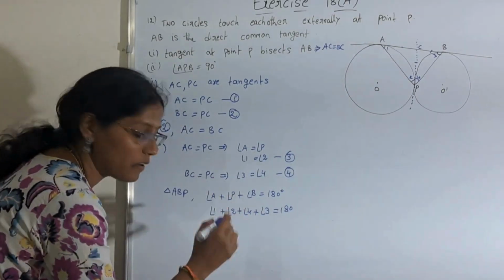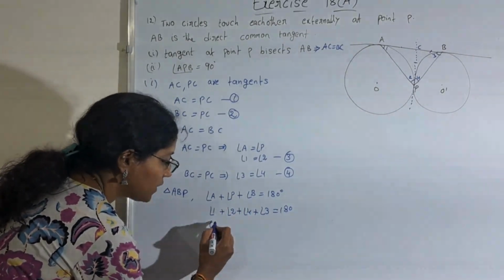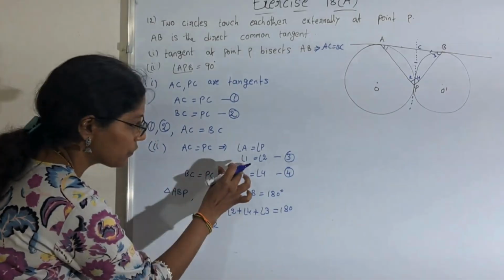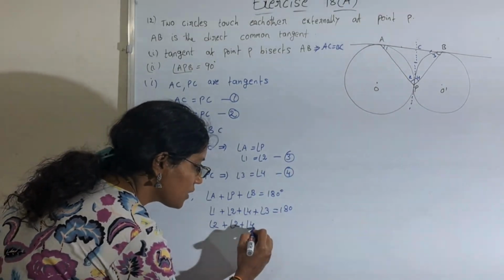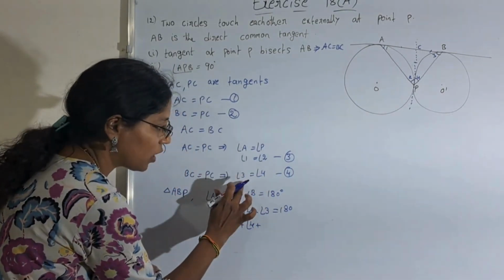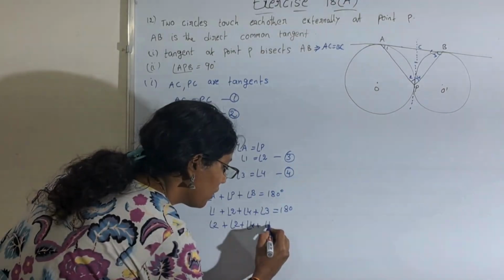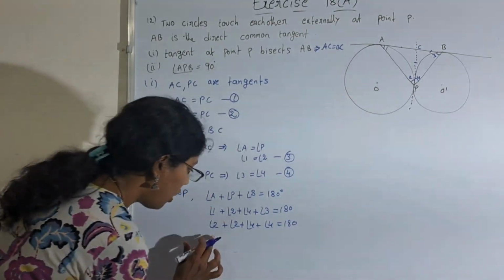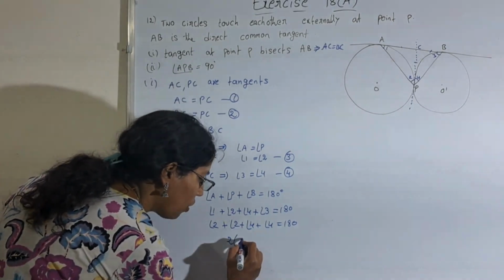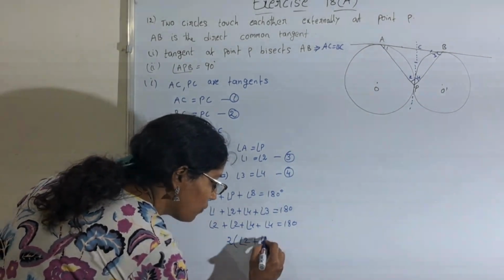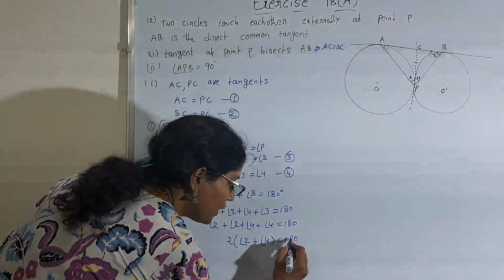Angles 2 and 4 only we want. Instead of angle 1 we write angle 2, angle 2 plus angle 4 as it is, and instead of angle 3 what can we write? Angle 4, equal to 180 degrees. Here how many angle 2's? Two 2's and two 4's. 2 is common: 2 times angle 2 plus angle 4 equal to 180 degrees.